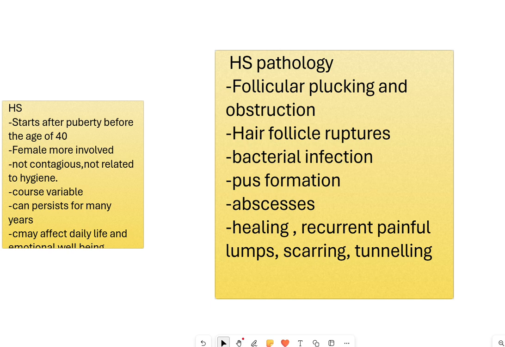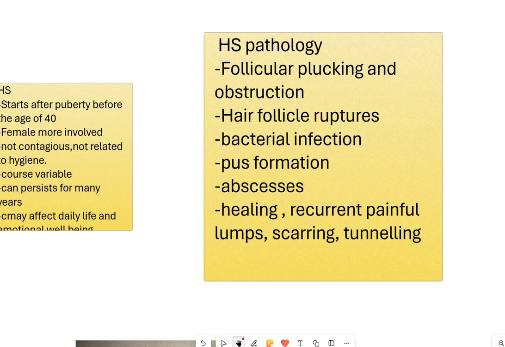What is the pathology of HS? There is follicular plugging and obstruction. Hair follicles, because they cannot secrete their secretion, become obstructed. Hair follicles and sweat glands, apocrine sweat glands, become distended, they rupture, and they form abscesses, pus formation.